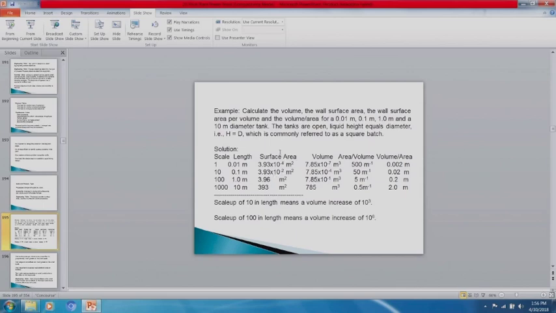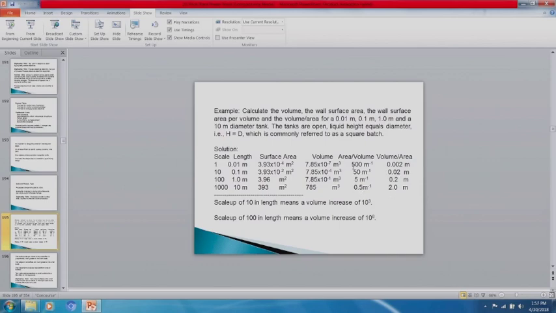Volume goes up by 10 cubed. So if I look at area per volume versus scale, I see that area per volume goes down with an increase in size. Area is becoming less and less important. Volume, on the other hand, becomes much more important.